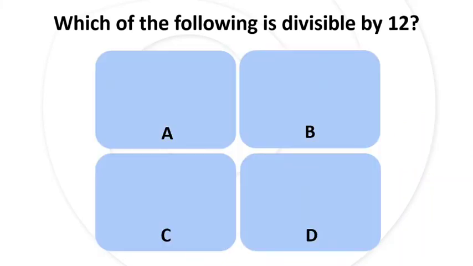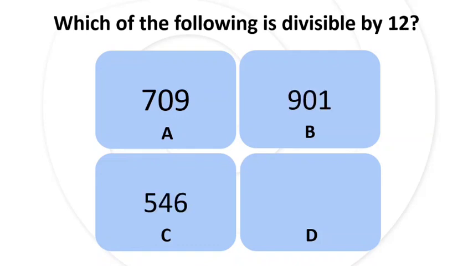Which of the following is divisible by 12? 709, 901, 546, 312. The answer is D. 312.